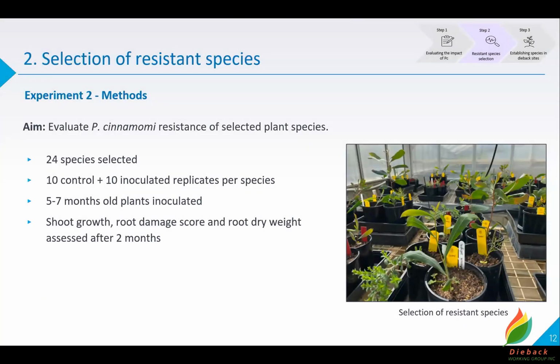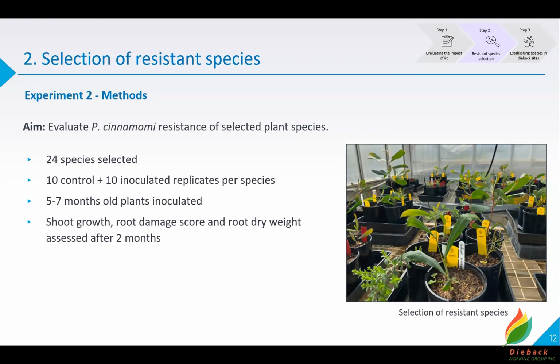And in the second experiment, I evaluated the impact of the pathogen when the seedlings are a little bit older. So I selected 24 species out of the previous 38 species. These 24 species included species which indicated resistance in experiment 1, and species for which we don't know the disease response yet.